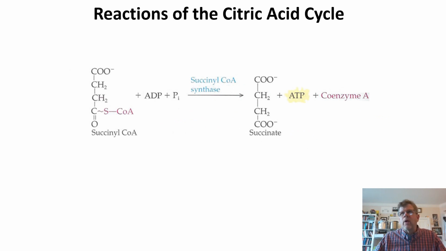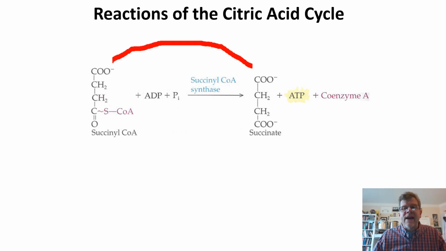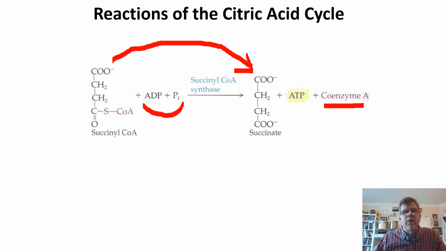So now that we have blown off all of what once was our acetyl group, all 3 carbons from that original pyruvate molecule are gone, we are left with this 4-carbon unit, or only 4 carbons that matter, succinyl-CoA. And succinyl-CoA casts off its covalent bond to coenzyme A, and in the process we create the only time that ATP is actually produced directly in one turn of the citric acid cycle.